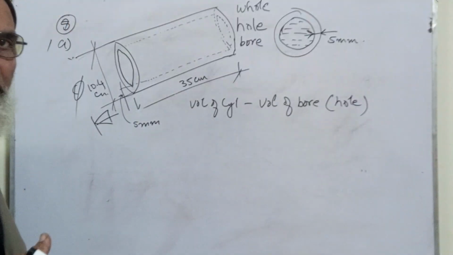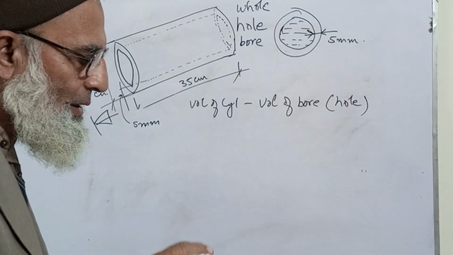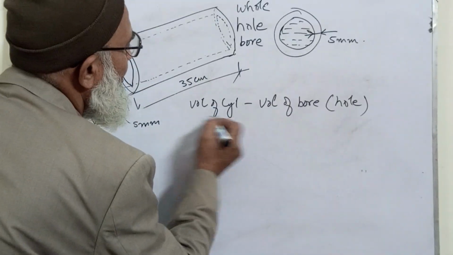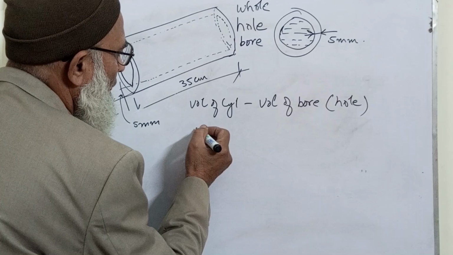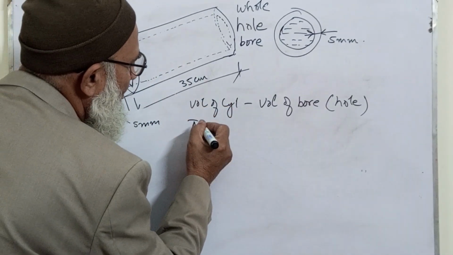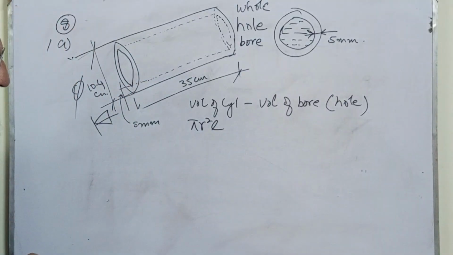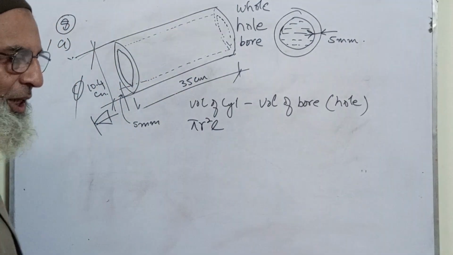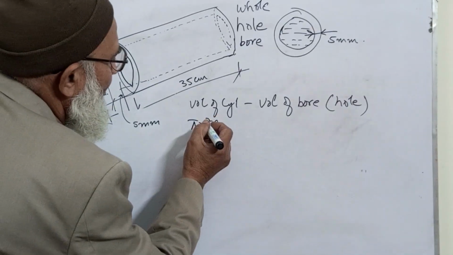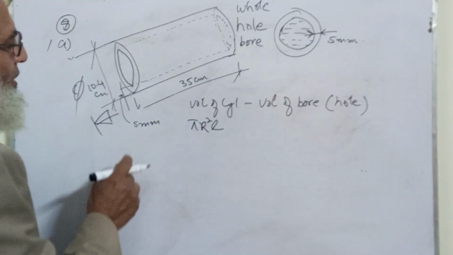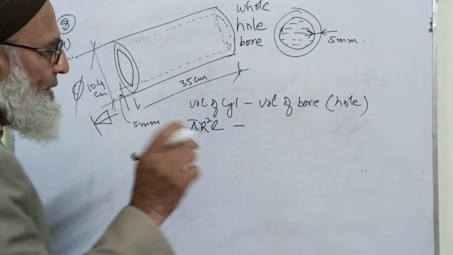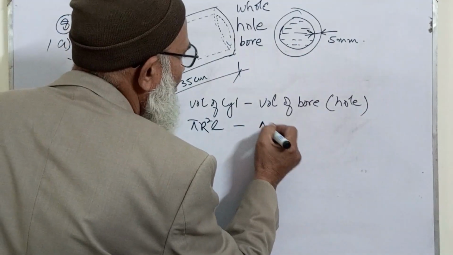Now this is the total volume of the cylinder. He has asked us not to calculate it, just to tell how it will be calculated. You know the volume of cylinder: pi r square into L, pi r square multiplied by length. Because this is the external one and the internal radius is smaller, I will do it like this.